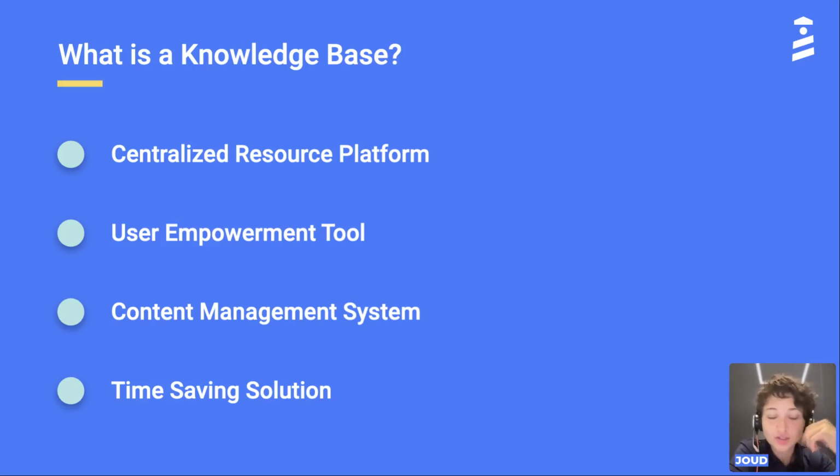So you need to provide them with resources where they're able to get the answers that they're looking for, no matter how simple the questions or functionalities might be. By allowing your users to quickly find these answers on their own, it reduces the time that your support team spends on these repetitive inquiries, and also frees up their time for more complex issues.